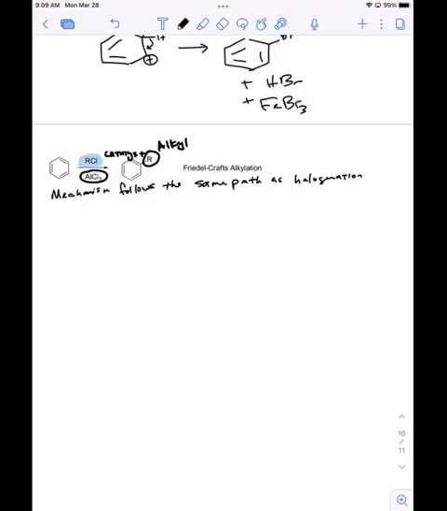Yes, same. So those 3 steps happen in any aromatic substitution. You have a preparation phase where your electrophile is prepared, then the nucleophilic attack of the ring on the electrophile, followed by the final step, reestablishing the aromaticity.